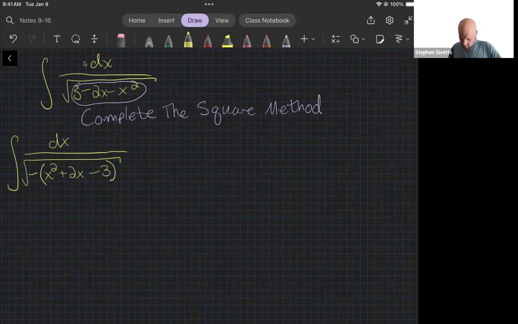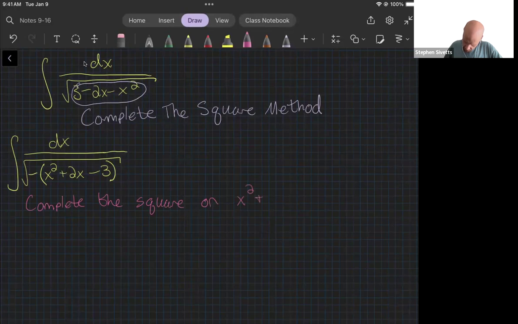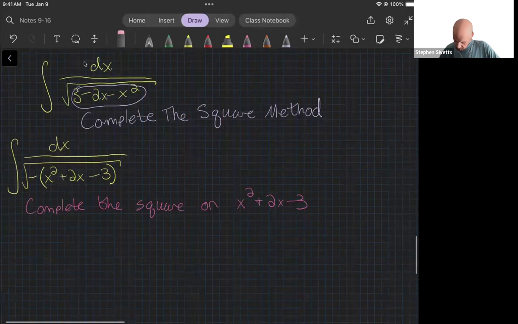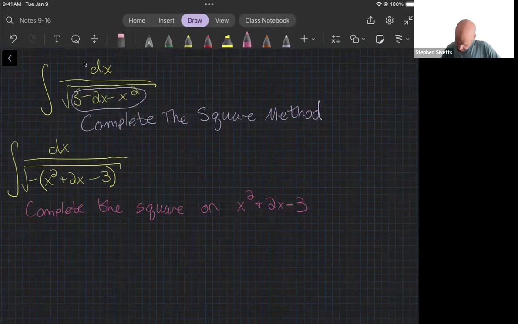So I rewrote the integral to look like this, and what we want to do is complete the square on the quantity x squared plus 2x minus 3.